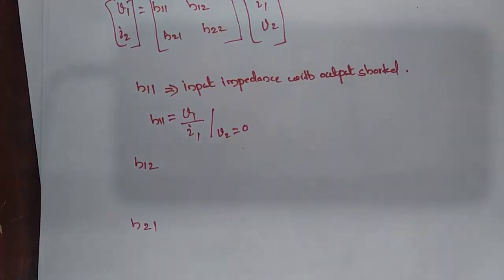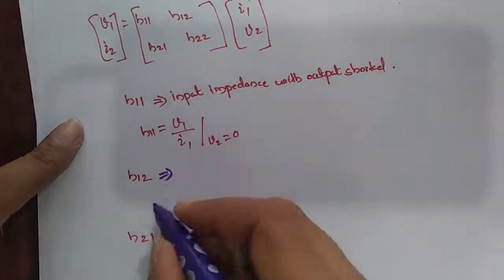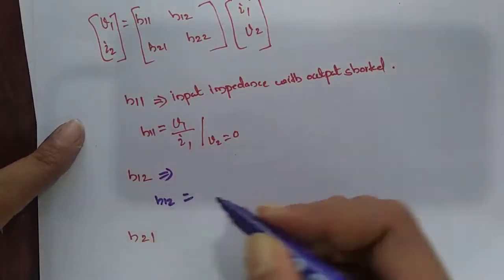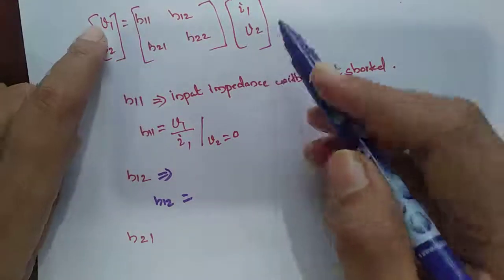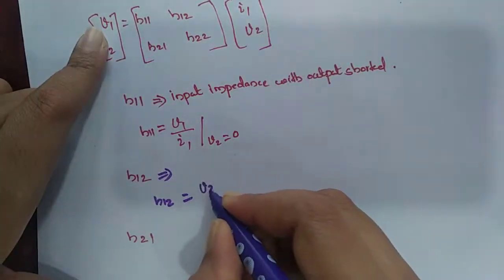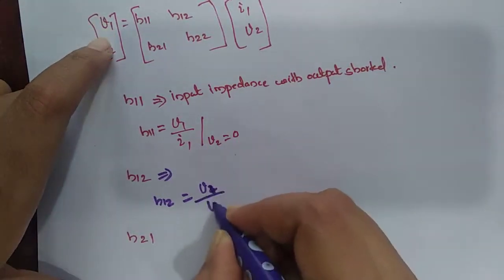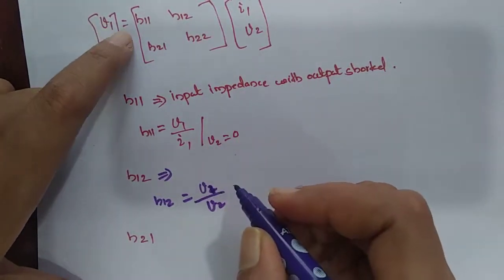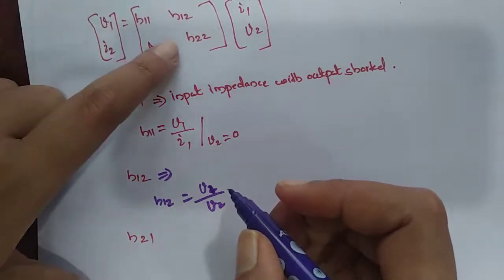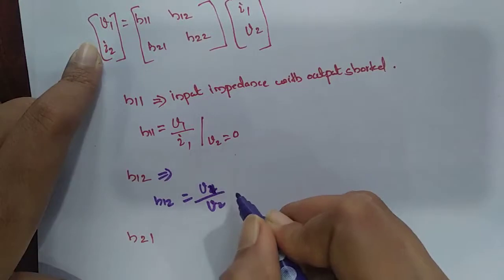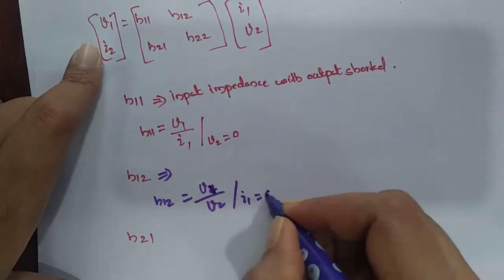Similarly, how can we write our H12? V1 is equal to H11 I1 plus H12 V2. So H12 is equal to V1 by V2 at, what is our condition, I1 equal to 0.